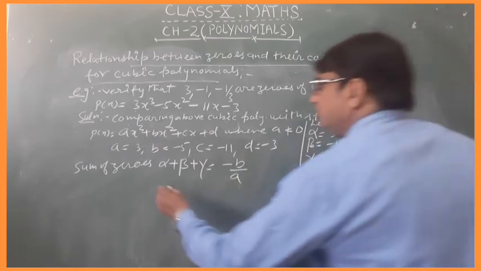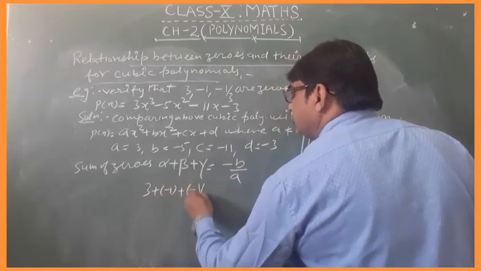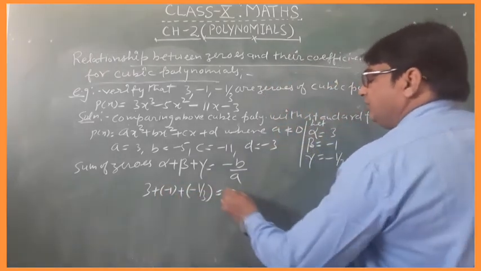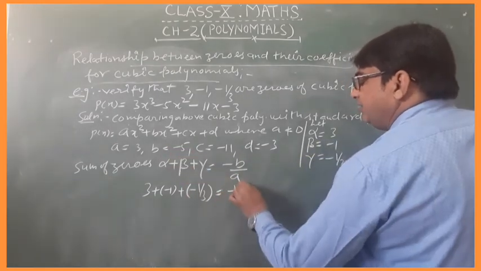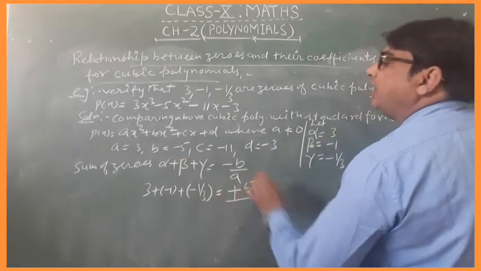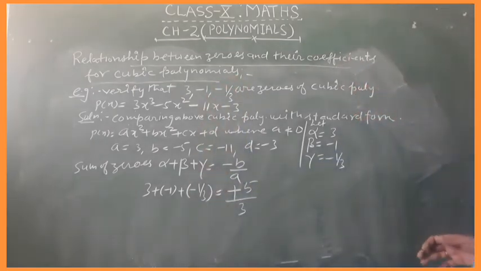Putting the values, 3 plus minus 1 plus minus 1 by 3 is equal to minus b by a. The value of b here is minus 5, so plus 5 upon the value of a, which is 3, so plus 5 by 3.